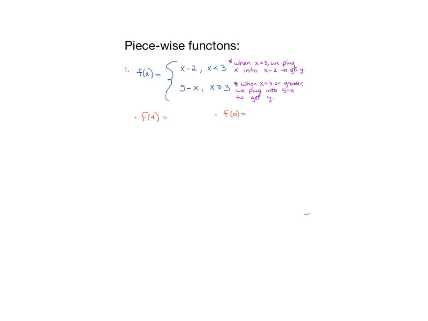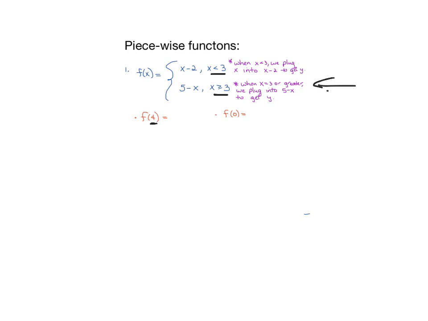Okay, the piecewise function, this is where you're given two different expressions and you have to see which one you're going to use depending on your value of x. So notice I have x equals 4 here. So I have to look to see, does it fit here or does it fit here? Is it less than 3 or is it greater than or equal to 3? So you can see that it's going to be the bottom one.